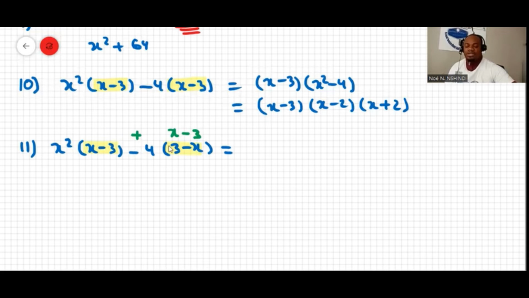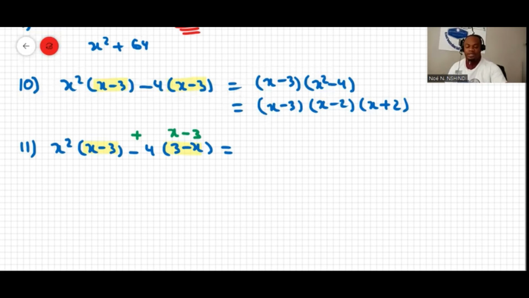If negative times x, it's going to be negative x, and negative times negative 3 is going to be positive 3. So we can switch the sides and change the sign. Now the expression will look different but still the same, okay? It's just easier for us to factorize.